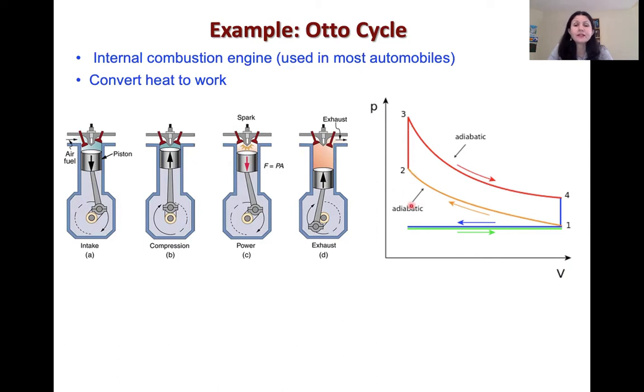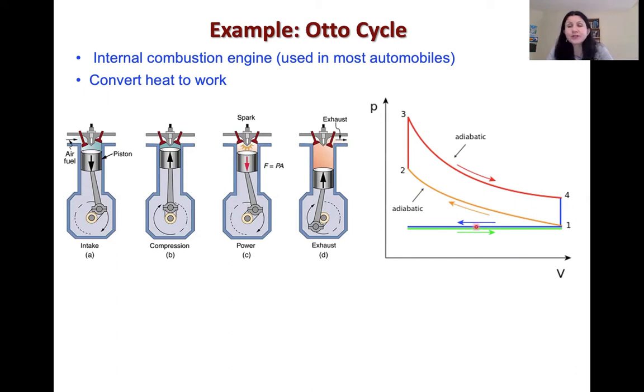In reality it's a little more complicated than this Otto cycle, but it's a sufficient model to describe what's going on. And what does this engine do? It converts heat to work. Why does it do that? So we saw in the clicker question that we had an input of heat and output of work.